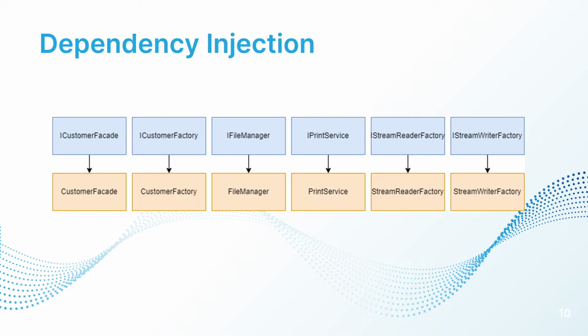This also is part of the dependency inversion principle, that the high-level modules should not depend on the low-level modules. If this happens, we have a dependency inversion violation, which is not good. The idea is that the high-level modules and the low-level modules should both depend on interfaces.